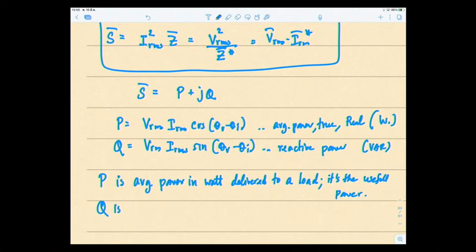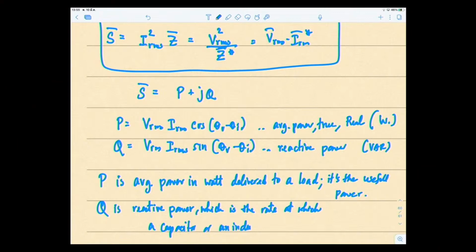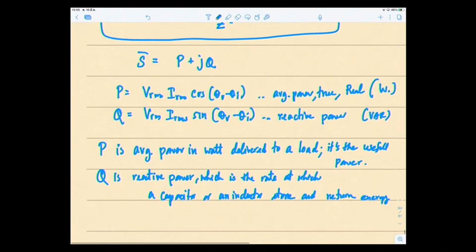So Q is the reactive power, which is the rate at which a capacitor or an inductor stores and returns energy. In other words, it's a measure of the energy exchange.